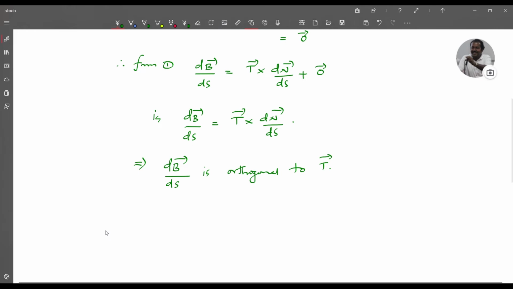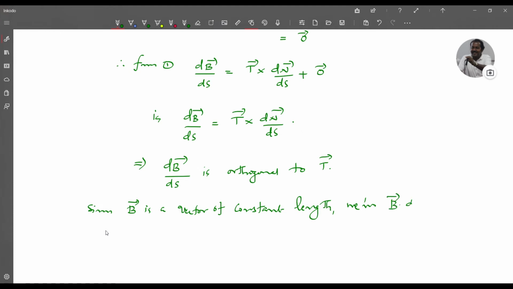And since B is a unit vector, it is a vector of constant length, so dB/ds dot B is also 0. Since B is a vector of constant length, we have B dot dB/ds equal to 0.